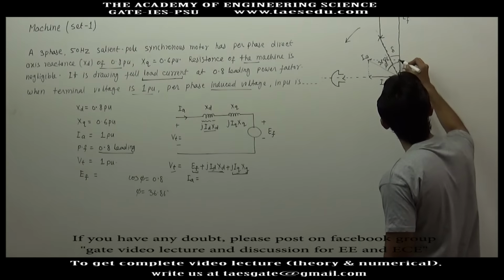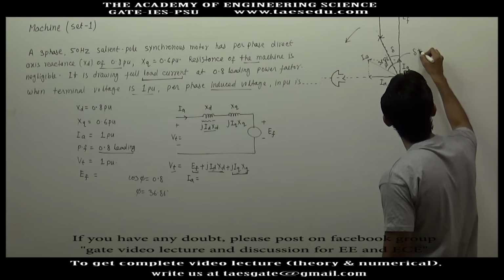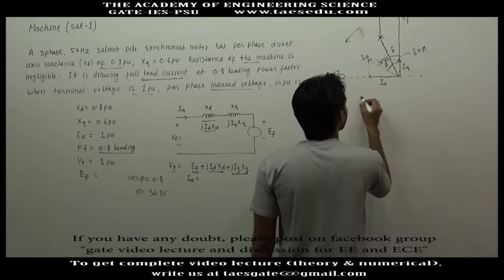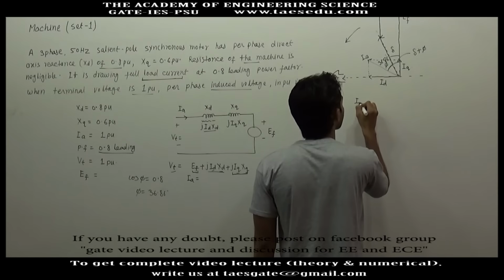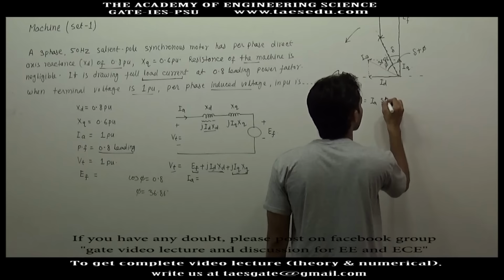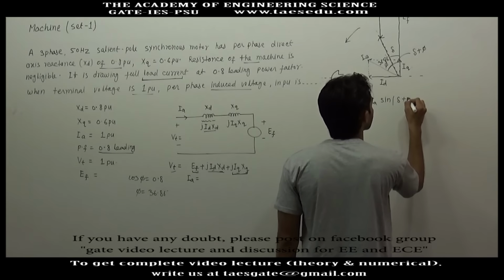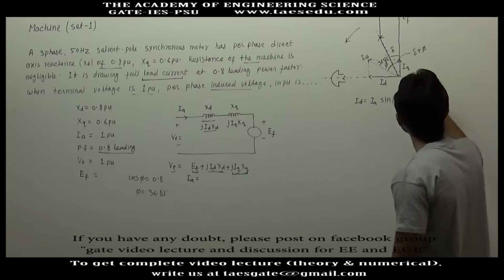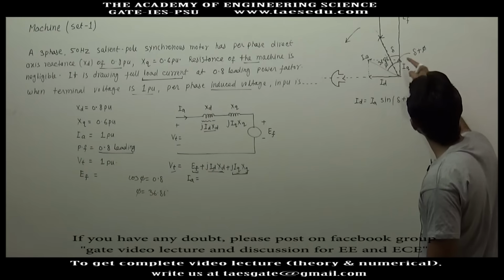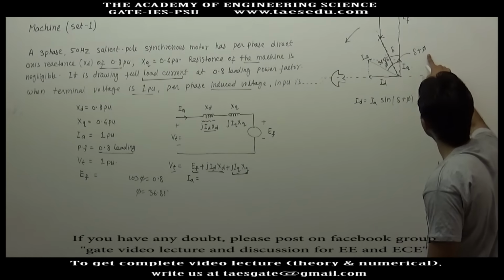So this total angle will be the arithmetic sum of delta and phi. Okay, so what will be Id in terms of Ia? Id will be Ia sin(delta plus phi). From the phasor diagram, you can see that this angle is the arithmetic sum of delta and phi.